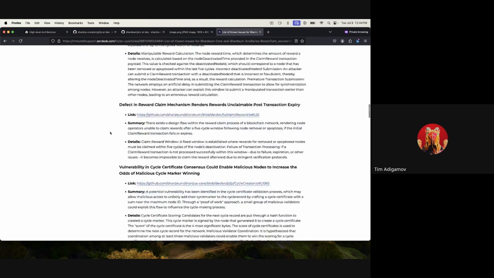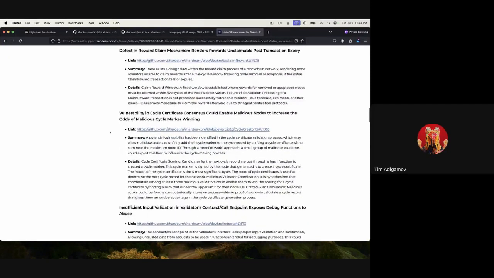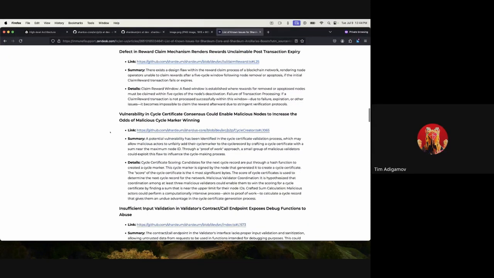Defect in the reward claim mechanism. Yeah, so this is a bug not related to security, but more like a software bug. So the idea is, our network is living, I would say, during cycles. A cycle is 1 minute in duration, and every cycle, the structure of the network can be changing.